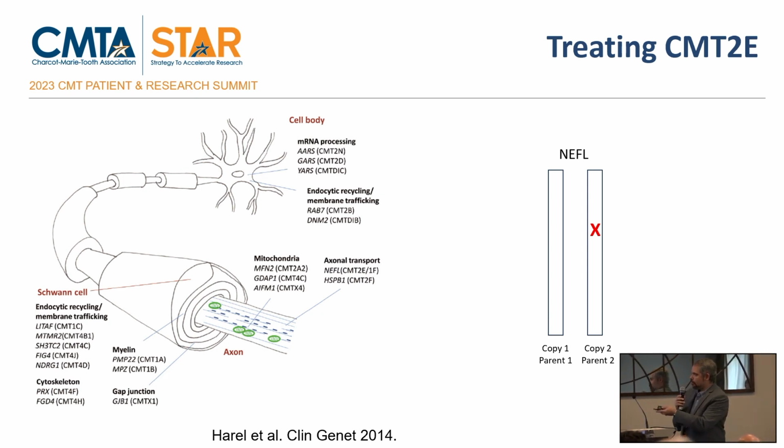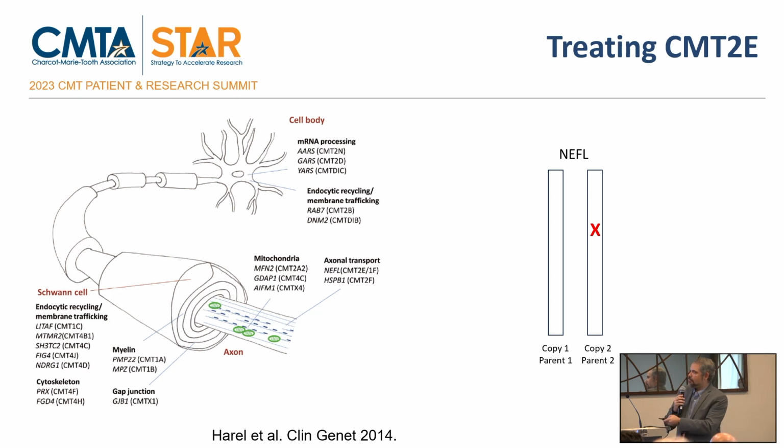In our case, again, we're focused on 2E, but this approach could potentially be applicable to other types. And the only thing that's really important to determine is whether having a single functional copy is enough to have normal function. Because we know that some genes are very dose sensitive, meaning if you have too little or too much, you run into trouble, and PMP22 is the classical example of that.